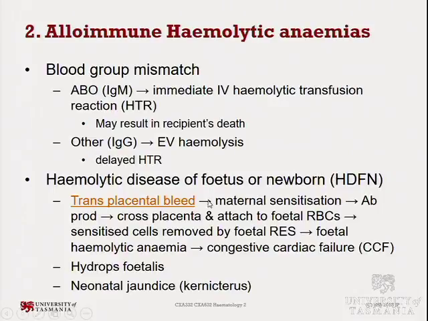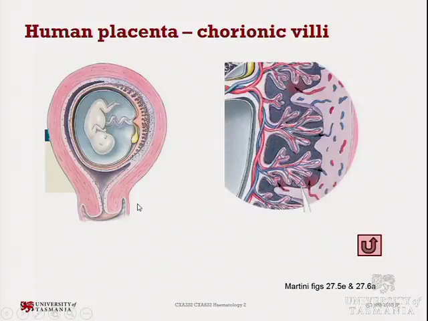With hemolytic disease of the fetus or newborn, we get what we call a transplacental bleed. And so just to remind you about the fetus in utero, here we have the fetus encased in amniotic fluid in the amniotic sac within the placenta.